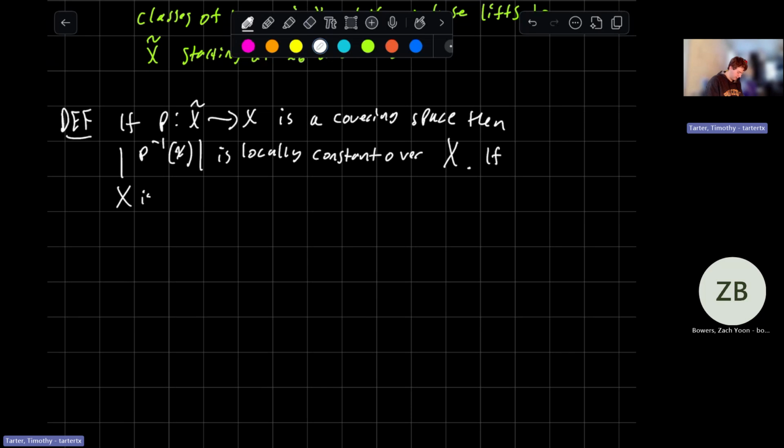If big X is connected, its cardinality is constant over all x.